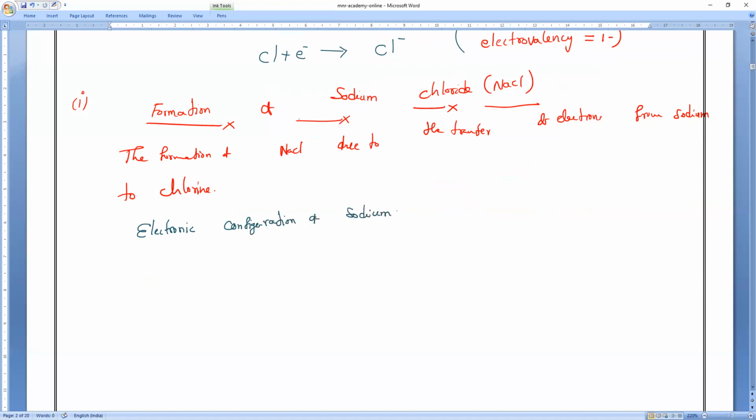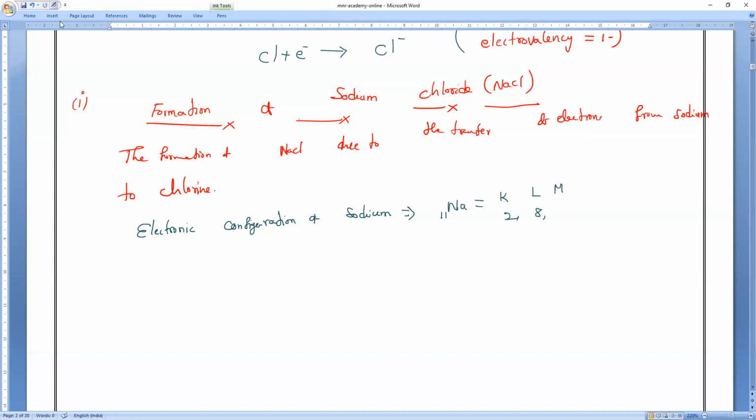Keep in mind, for 10th they won't go into bigger materials or metals; the metals which repeat every time will be asked. So what is it? 2, 8, 1. Am I right?